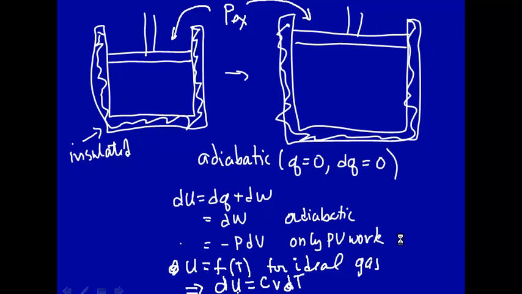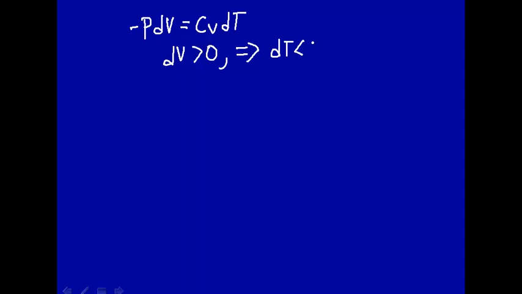Okay. So we know that minus PdV is equal to CV dT. So if dV is greater than 0, so the gas expanded, this must mean that dT must be less than 0. That's a negative sign.